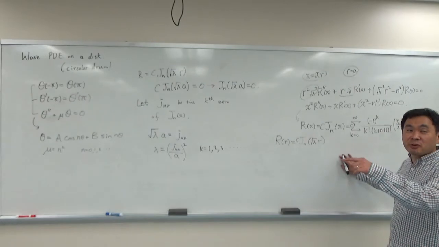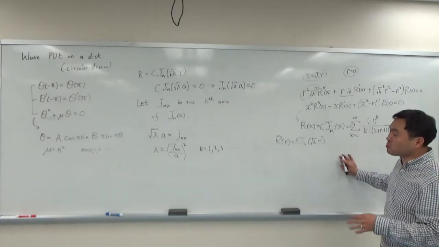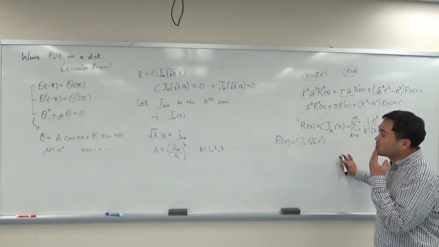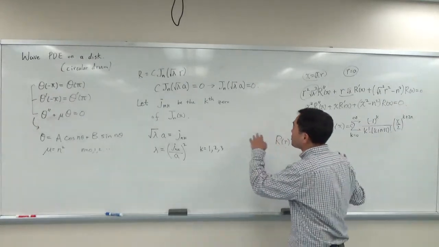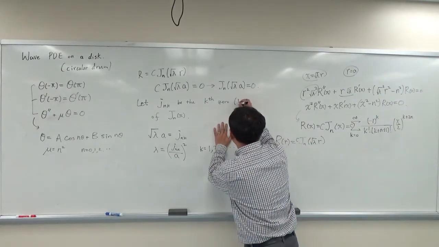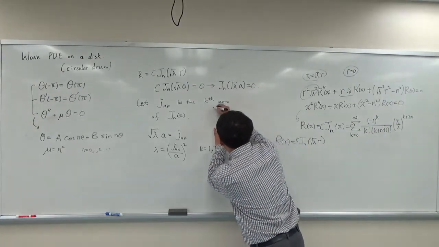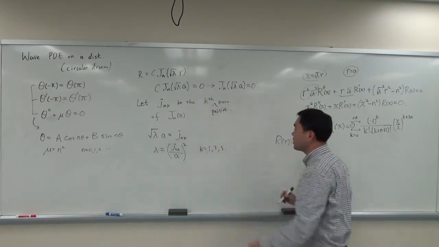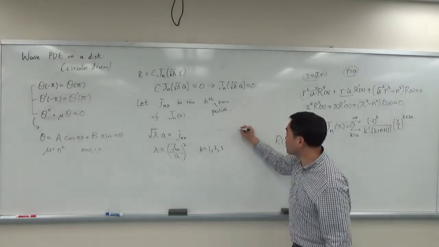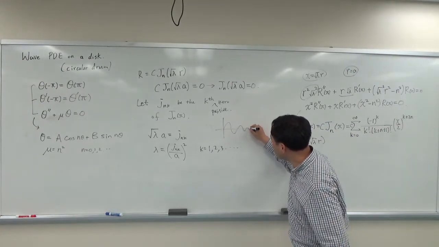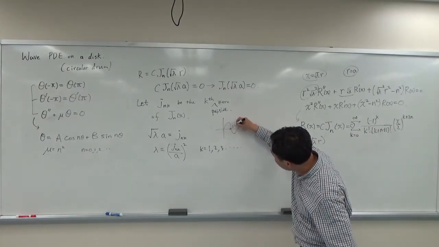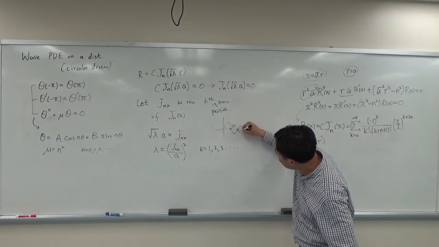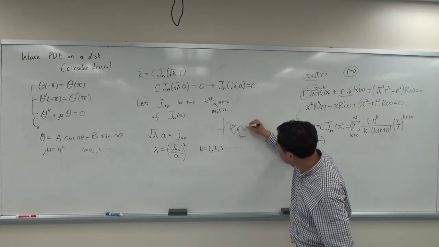Now, the Bessel functions start from 0, so I guess we have to be a little careful here. The kth positive 0. So over here goes like that. This will be Jn1. This one will be Jn2, and so on and so on.